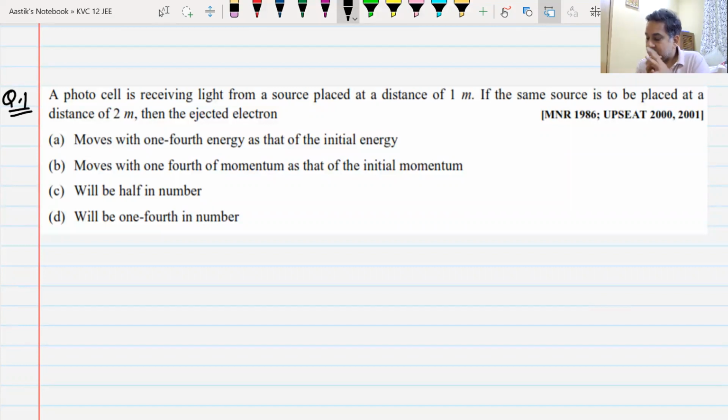A photocell is receiving light from a source placed at a distance of 1 meter. If the same source is placed at a distance of 2 meters, then the ejected electrons, what happens with the ejected electrons? I give you 2 minutes to do this.